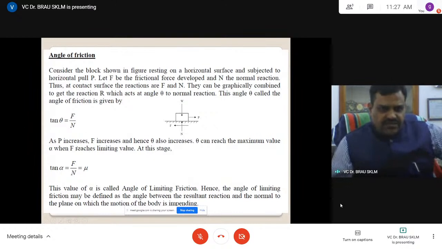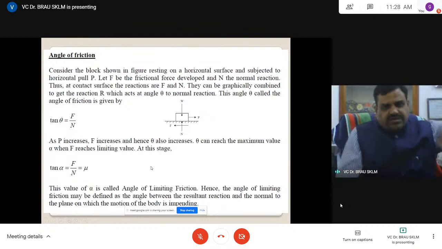Theta can reach a maximum value, let us say alpha, when F reaches a limiting value. At this stage, instead of tan theta it is tan alpha. That maximum angle, where tan alpha is F by N, is called the angle of limiting friction. This is another important term.